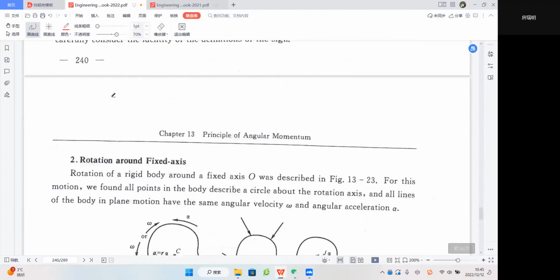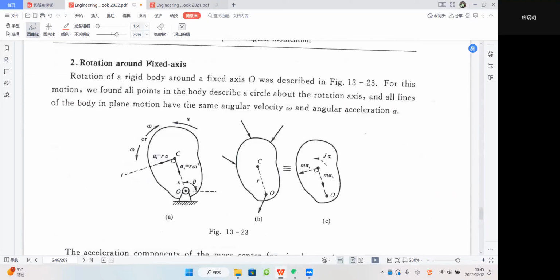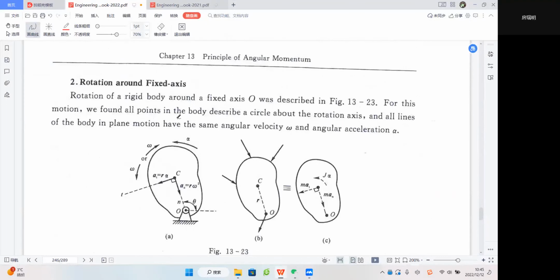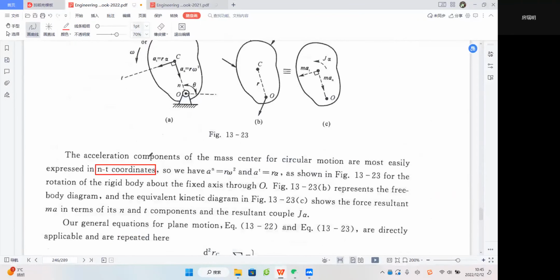For rotation around a fixed axis, we can find its differential equation is also three. The big difference from the plane motion rigid body is that the rotational equation will be about O, its rotation center, not C, not its mass center. That's the difference from the plane motion rigid body. The other things are the same, right?